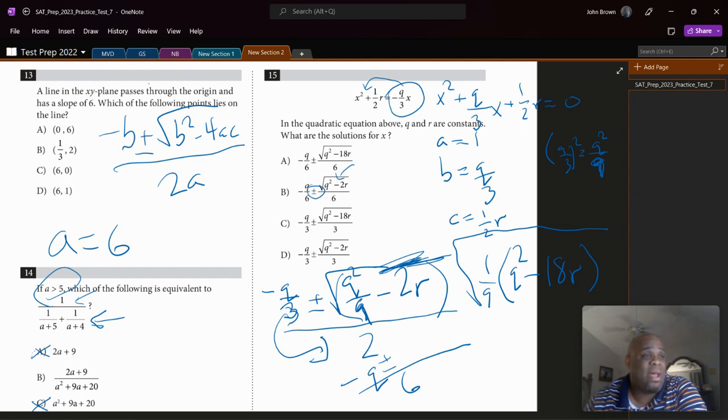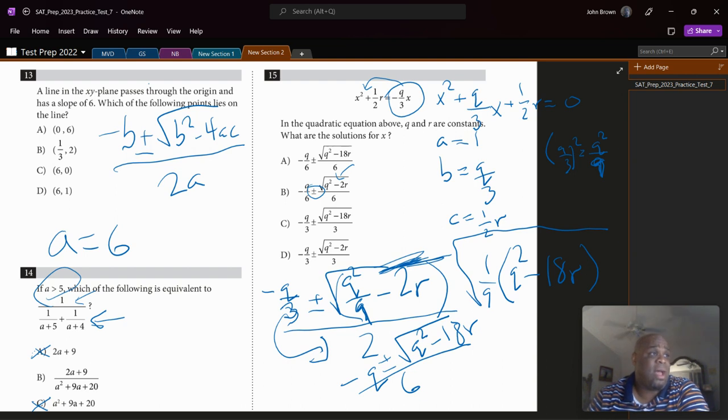So then I can pull that out. That's going to give me 1/3. The square root of 1/9 is 1/3. So then that would be outside of the square root. And then again, further divided by 2, that would give me that 6 there. So that leaves behind Q squared minus 18R.